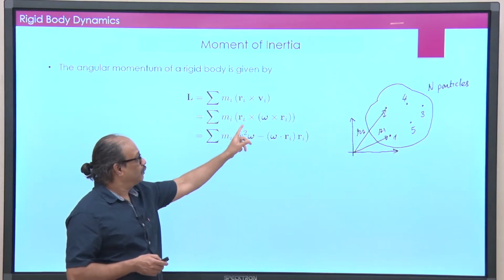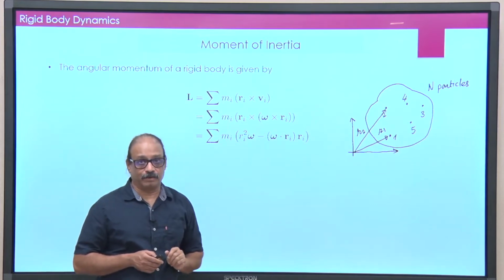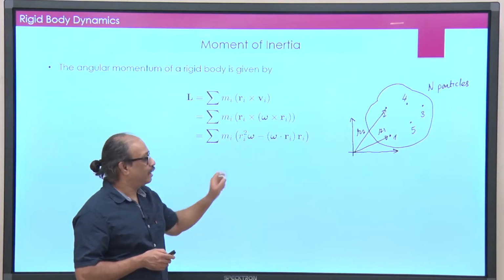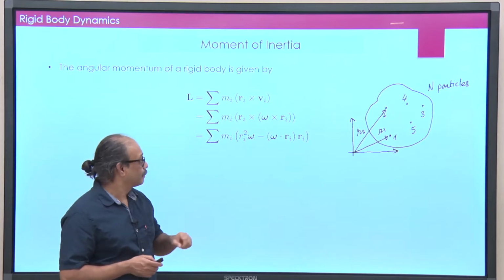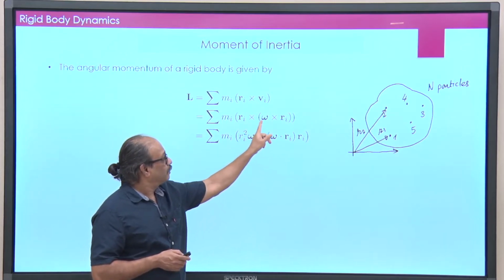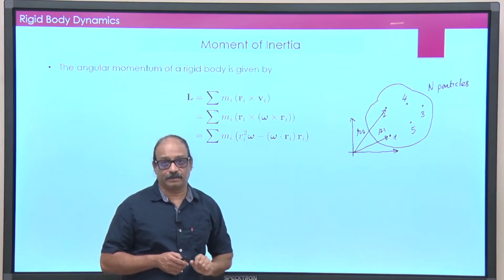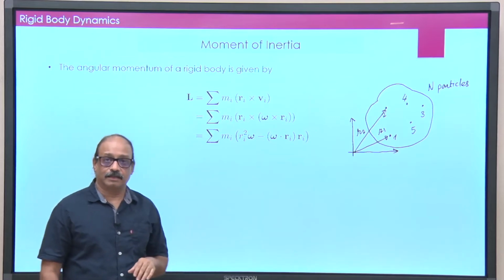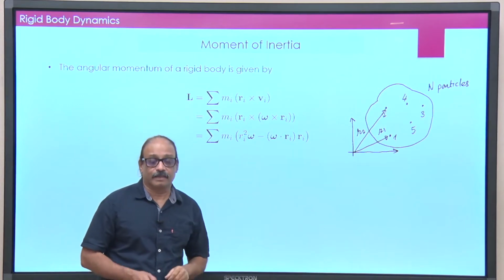So, once we know this, then we can use the standard back-cab rule. So, I take a dot product of r_i with itself, that gives me r_i squared multiplied by vector omega, and for the second part it is r_i dot product with omega multiplied by the r_i vector there. Okay. So, this is how you would calculate the angular momentum once we know the angular velocity.